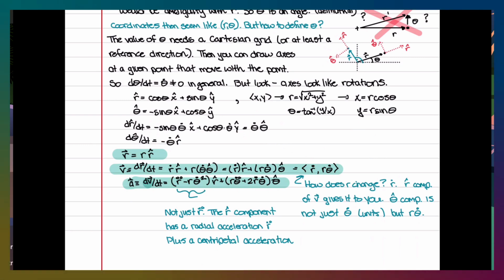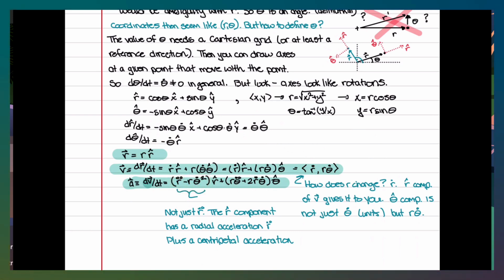I think I was a little unclear in class about this. If I want to know how r dot is changing, that is by definition r double dot. But I can't just look at this component and get r double dot immediately. Whatever is in this component is r double dot minus r theta dot squared.